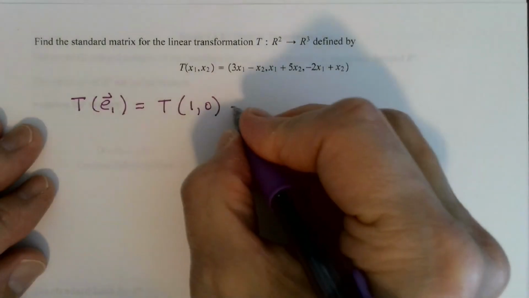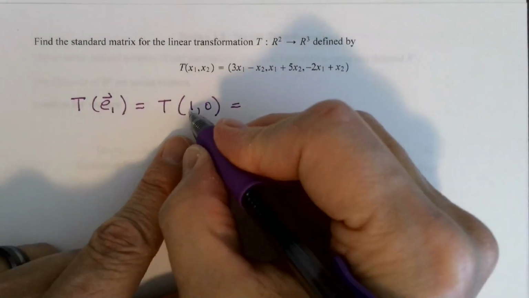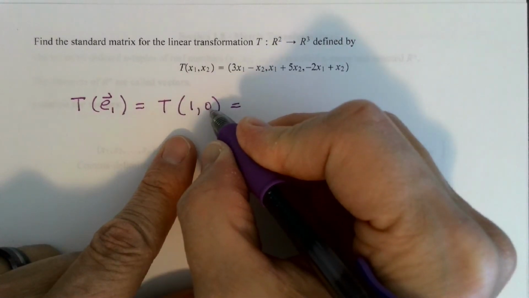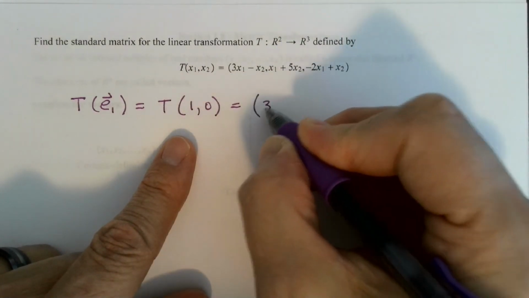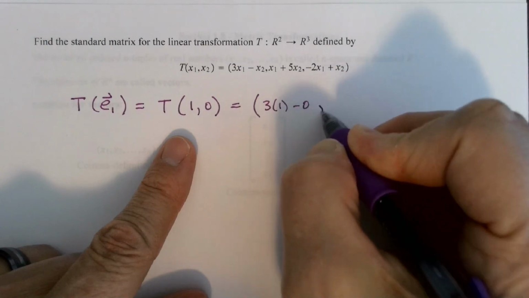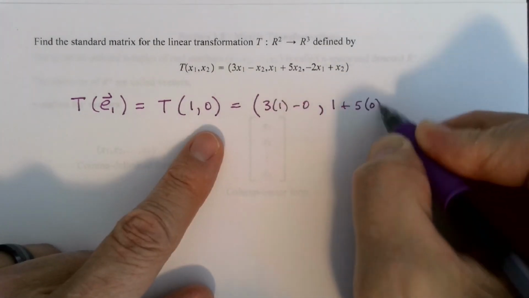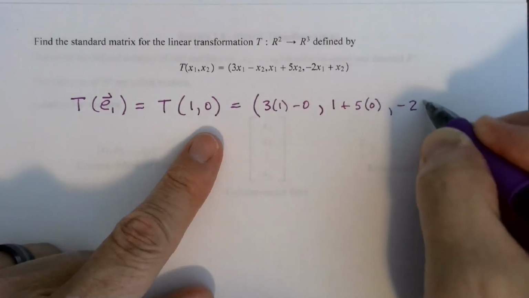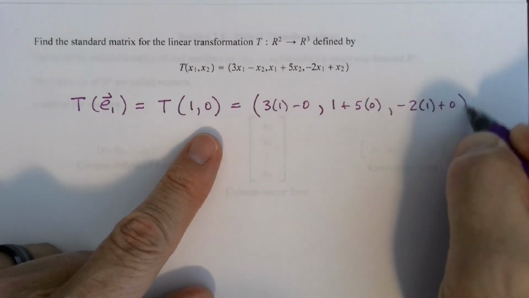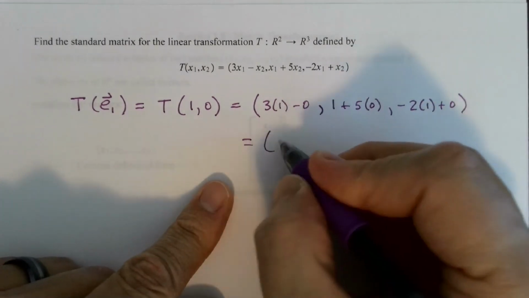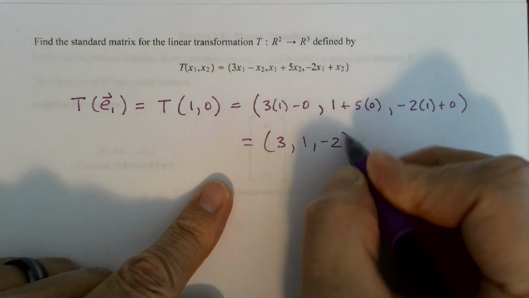What's that going to be? Well, I can plug it in and see here, x1 is 1, x2 is 0. So I'm going to get 3 times 1 minus 0, comma, 1 plus 5 times 0, comma, negative 2 times 1 plus 0. And of course I'm going to get (3, 1, negative 2).